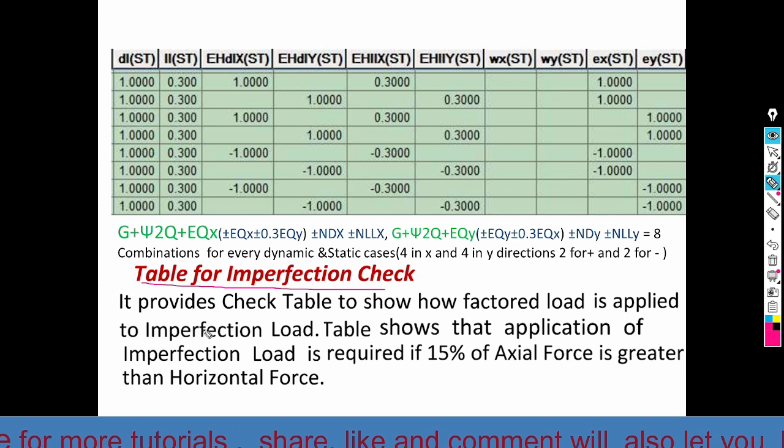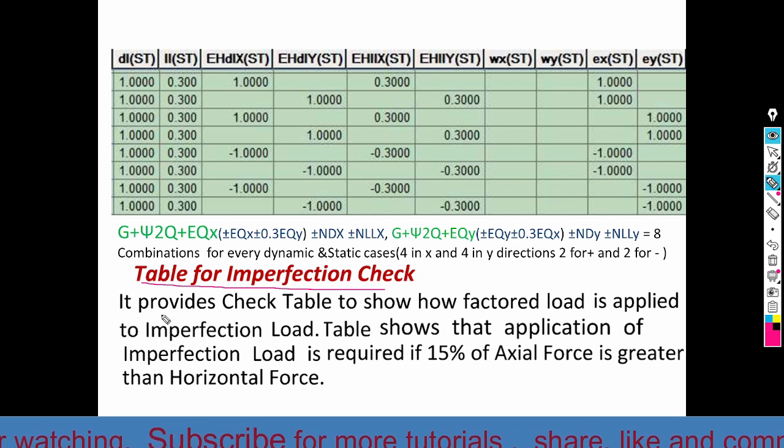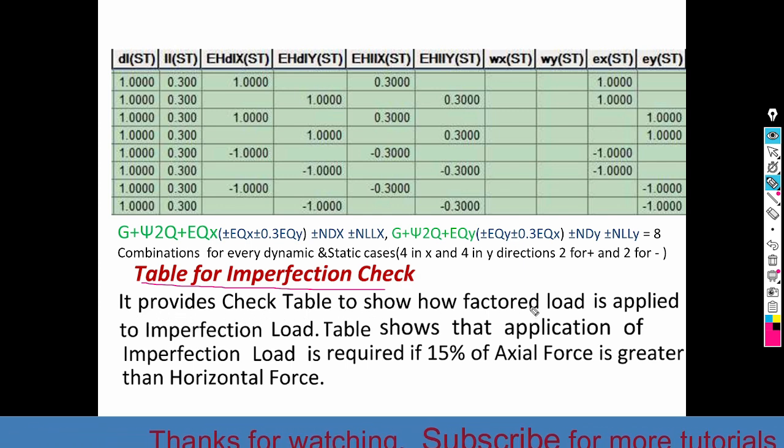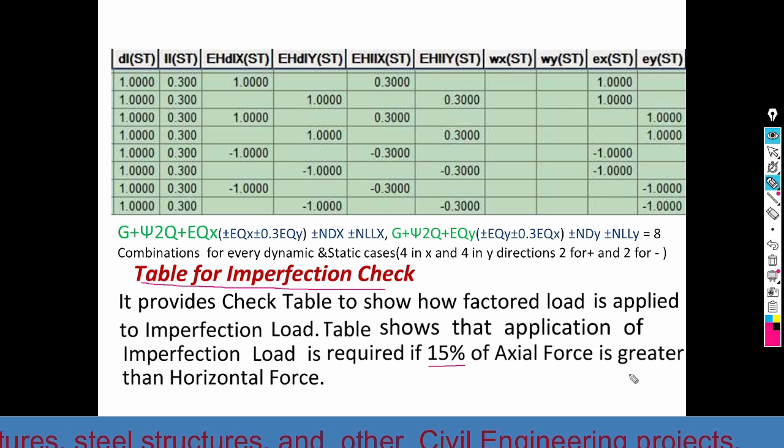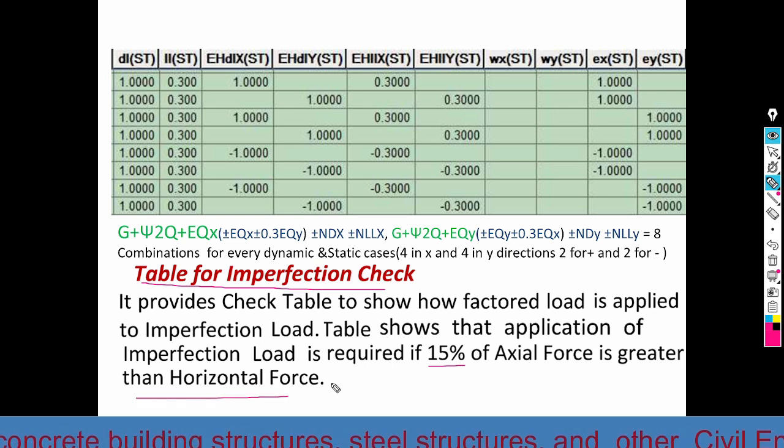Now the table for the imperfection check. It provides a check table to show how factored load is applied to imperfection load. The following table shows the application of imperfection load is required if 50% of the axial force is greater than the horizontal force.